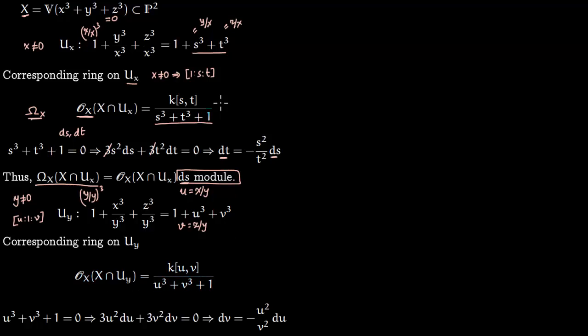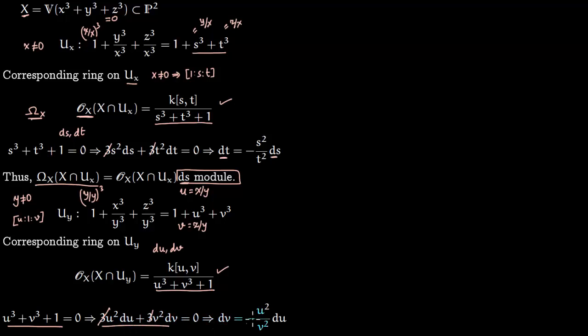So again, just like here, you will have a ring corresponding to the set U_y, on the affine plane. You are expecting that this will be generated by two things, du and dv. But again you take this denominator, take its differential, 3u squared du and 3v squared dv.